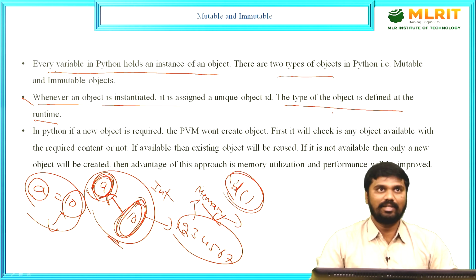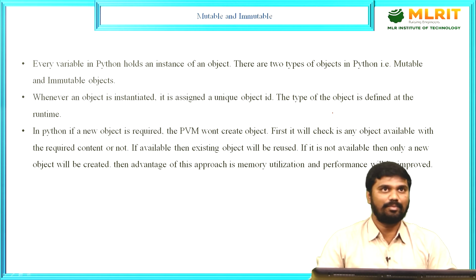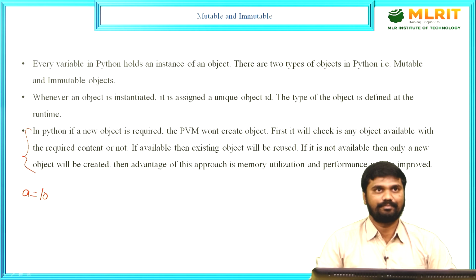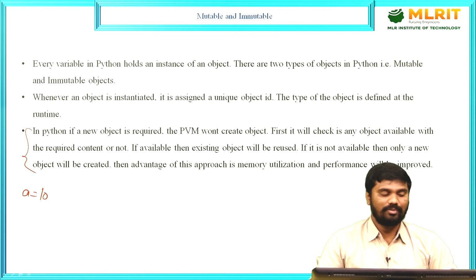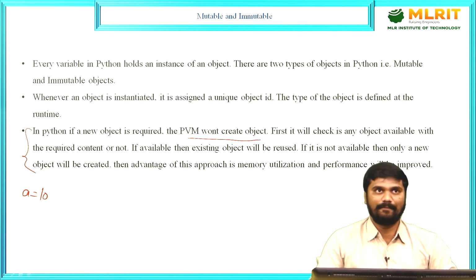Now the next point is very important. To understand the mutable and immutable concepts, we can use this statement. Generally in Python, if a new object is required, for example a equals 10, a new object needs to be created. But in Python, the Python virtual machine won't create the object immediately.